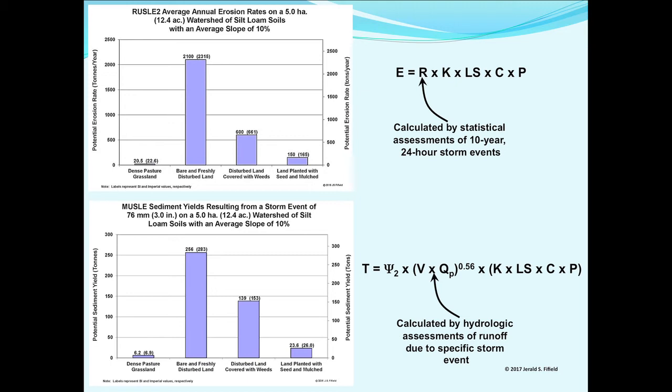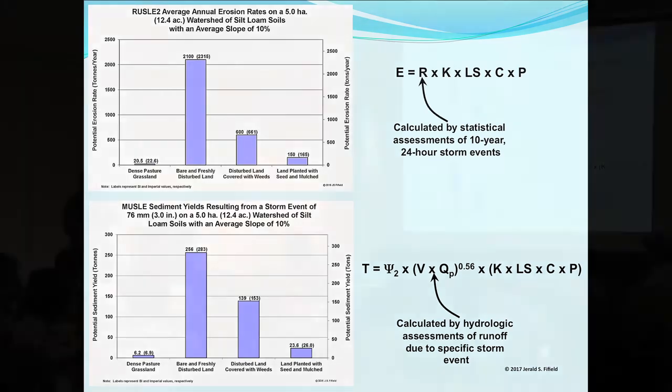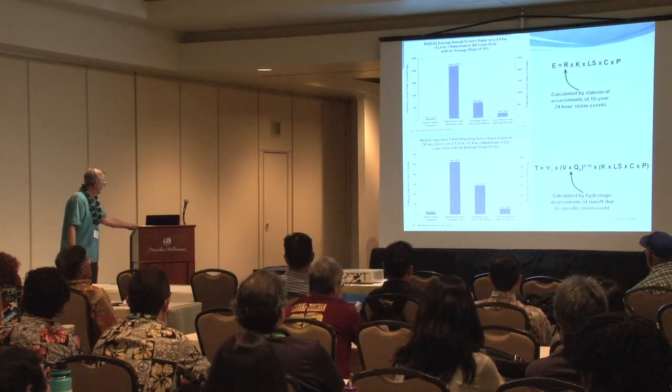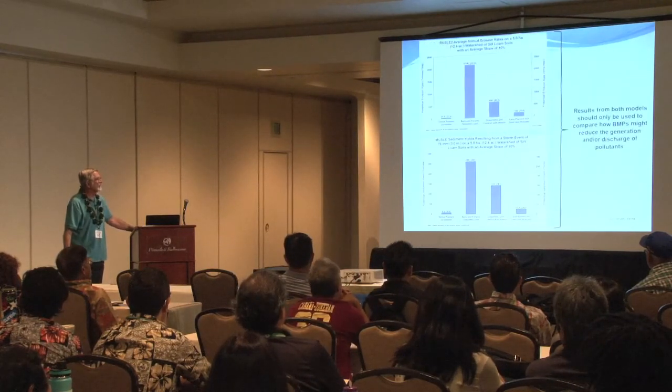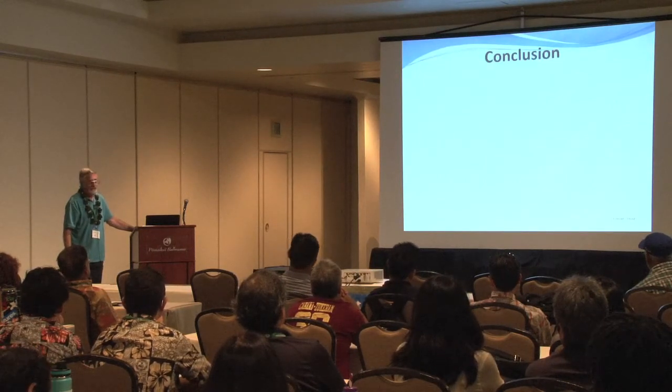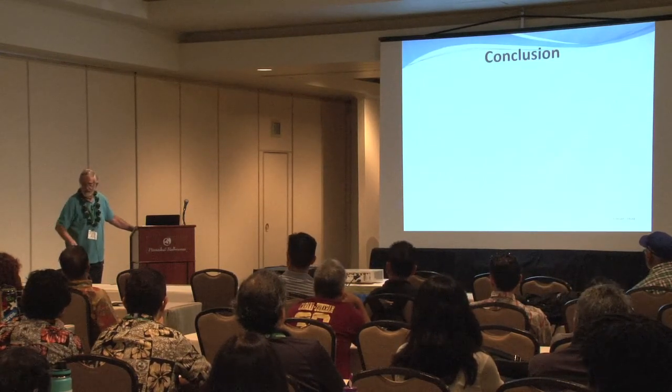How much runoff do you get for that 10-year, or whatever storm event you're modeling? So hydrology is a critical parameter that every designer needs to do on every SWPPP that they generate. Because if you don't, you're not going to get a very good handle on the modeling aspect of it.